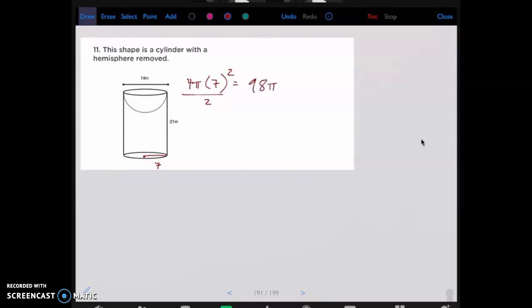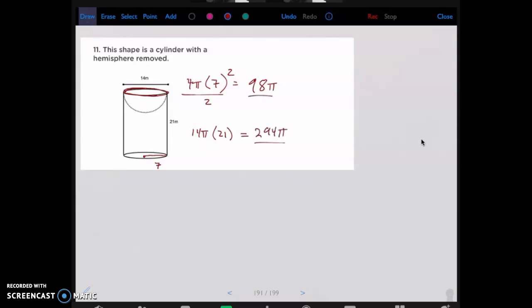Let's go ahead and add the lateral area of the cylinder. So the perimeter of the cylinder, also known as the circumference, is going to be 14 pi times the depth, 294 pi. Oh, I forgot to underline.